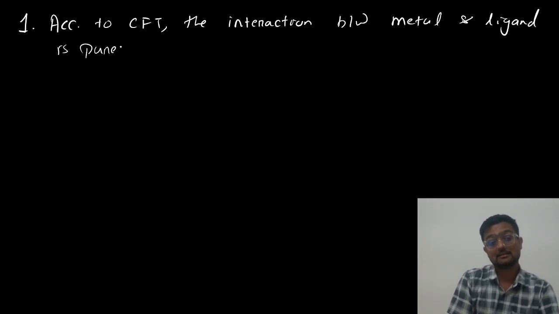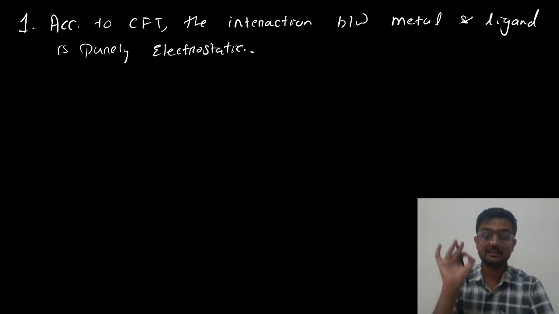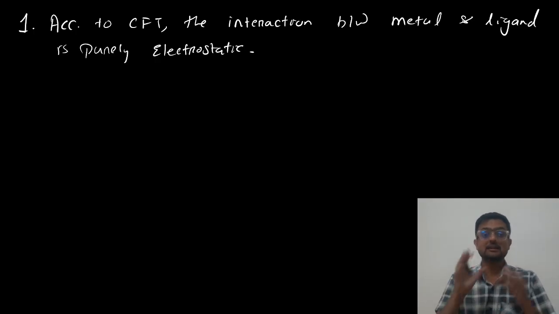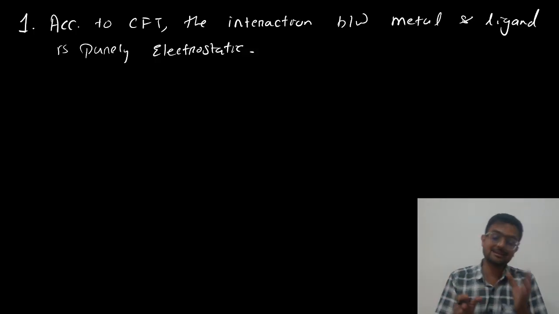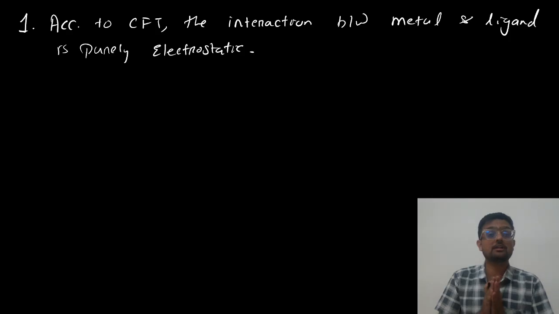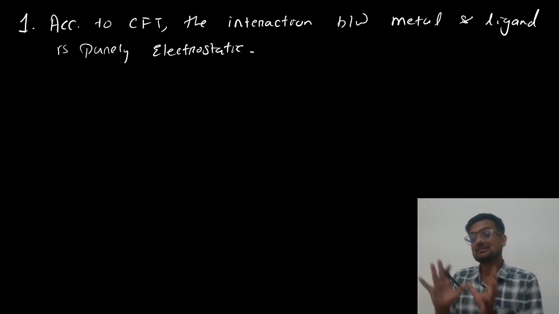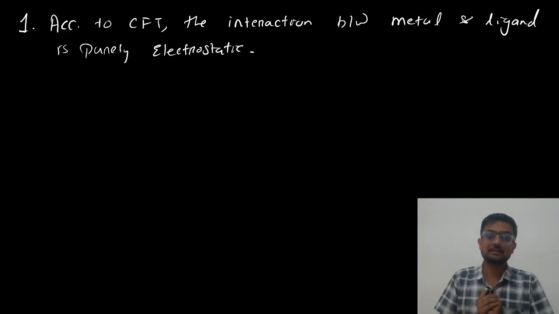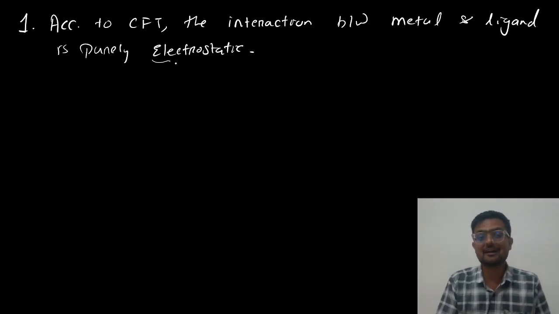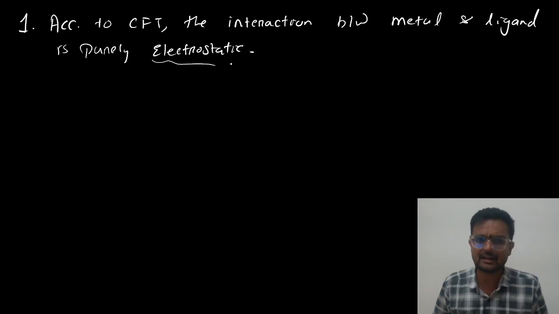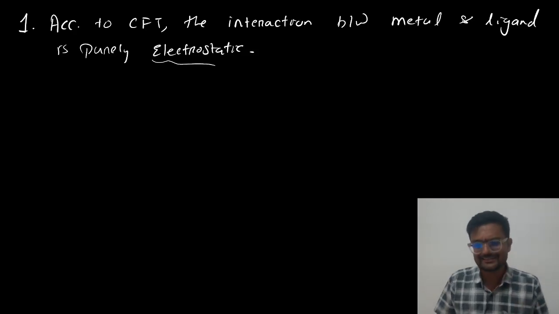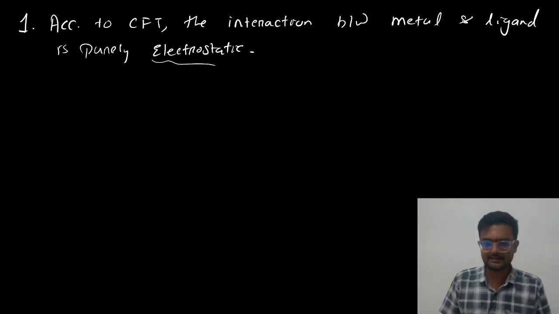Meaning, CFT does not believe that the bond formed between the metal and ligand is a covalent bond. According to CFT, we consider the bond to be ionic, right? And wherever we have an ionic bond, there is a force of attraction that we all know, called the electrostatic force of attraction, right?